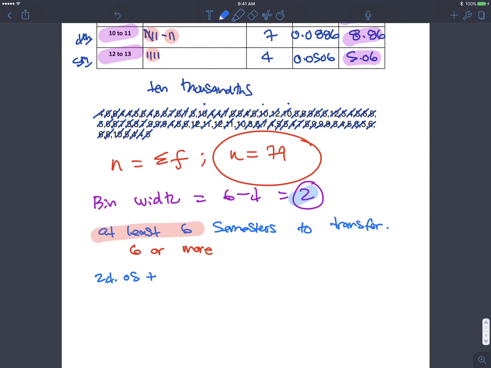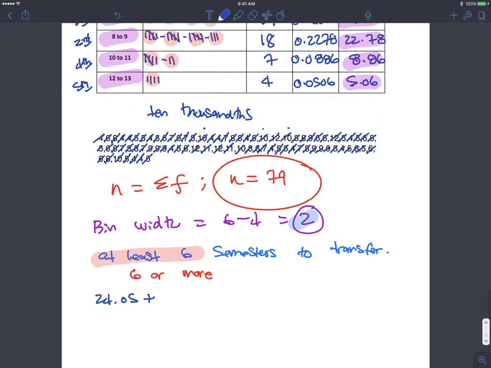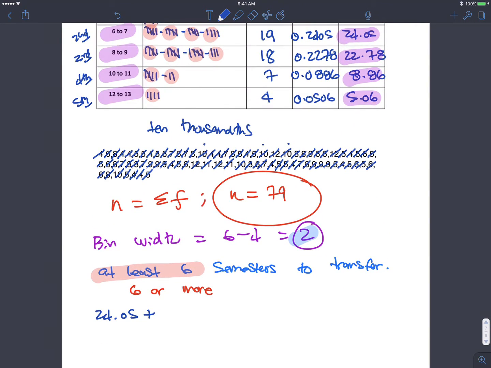Let me go back to this color here. I know it's weird, but got to be consistent here. 24.05 plus 22.78 plus 8.86 plus 5.06.